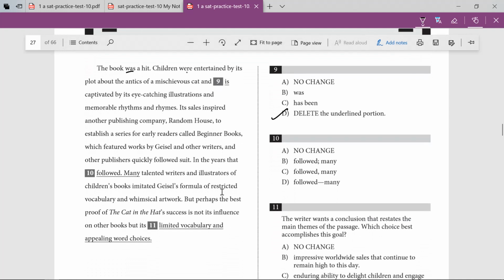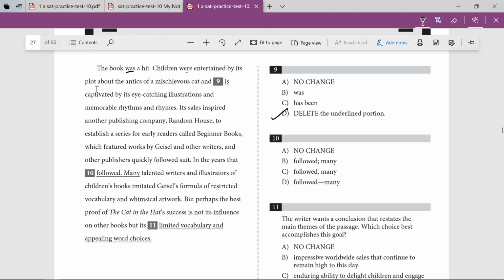Next question: followed colon many, followed comma many, followed dash many. What's happening here? I'll just see this one. So this is the last word here. It starts from, so I'll read the whole thing probably because I don't see the full stop very easily out here. Let me see. So captivated by something, we did this. The book was a hit.